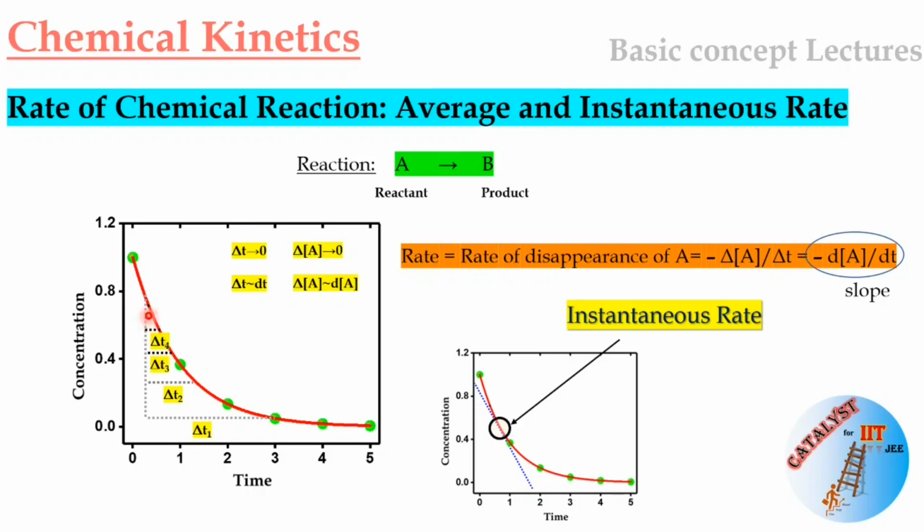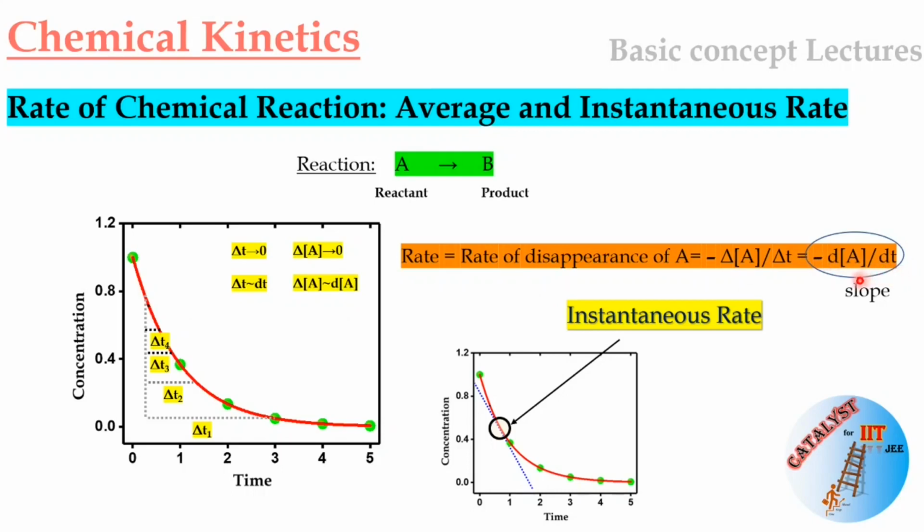After a certain time delta T tends to a point, so delta T tends to 0, and we can say delta T is nothing but dt. Similarly, at that point the change in concentration of A tends to 0, and we call it dA. So we can calculate the rate at that point, which is called the instantaneous rate, which is nothing but minus of dA by dt.